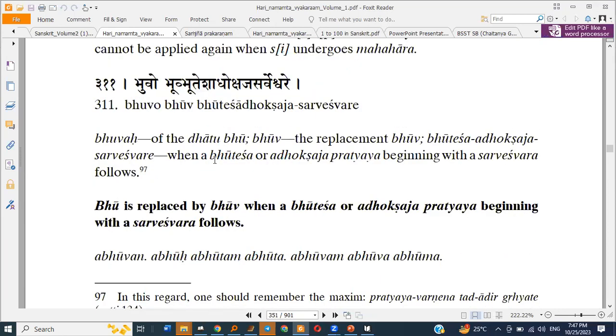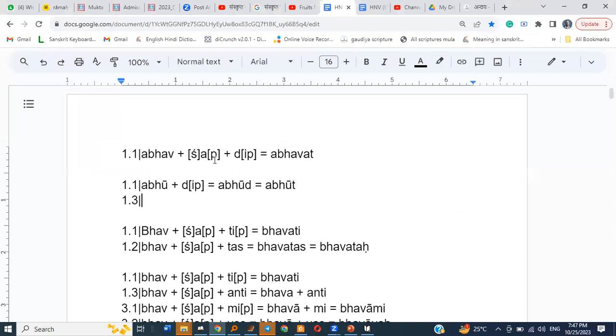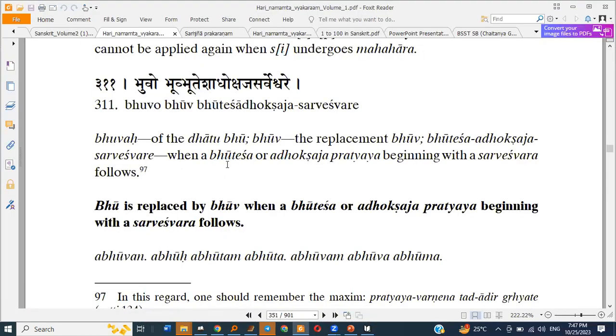Then the next one. I'm just inserting a by default now. The pratyaya is an, diptam an. So we insert C here, and C gets deleted. And then now this sutra: Bhuvo bhu bhutesha dhokshare sarveshware. Bhu is replaced by bhu when a bhutesha or adhokshaja pratyaya beginning with the sarveshwara follows.